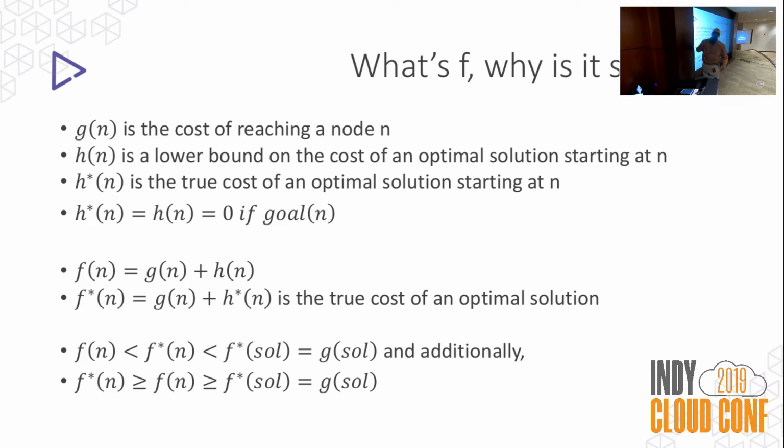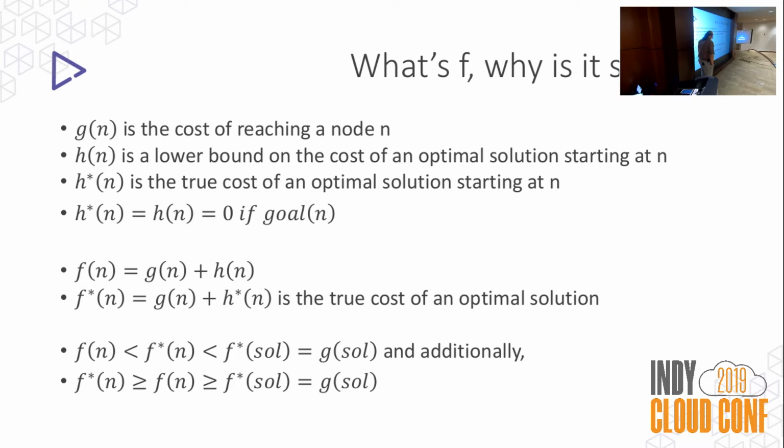So it turns out that h of n is a lower bound on this value, and so we can do some fun stuff. We say, well, f of n is the quantity g of n plus h of n. f star of n is g of n plus h star of n. So literally, this is our lower bound on solution cost. This is the true value of solution cost. It happens to be the case, because of how h is defined, that our lower bound on solution cost is no larger than the true value of solution cost.